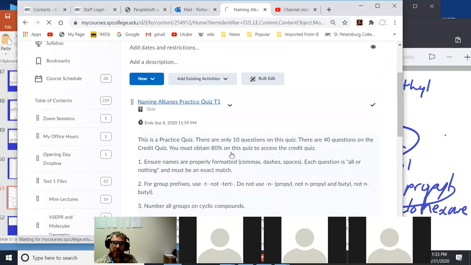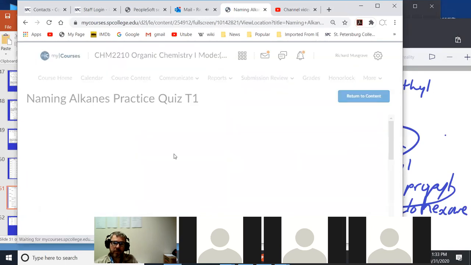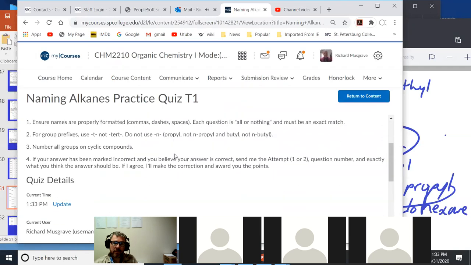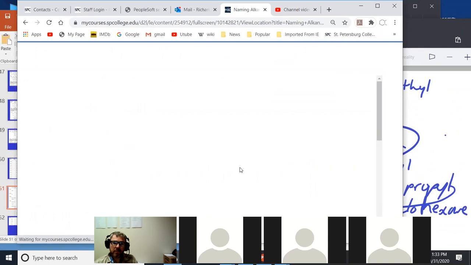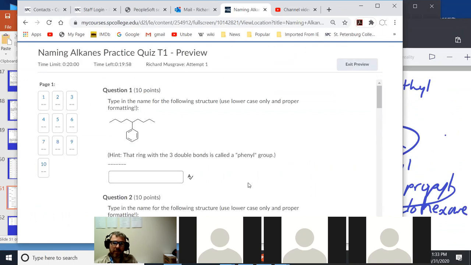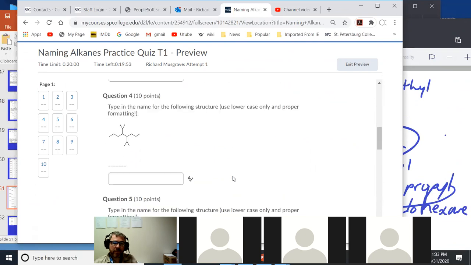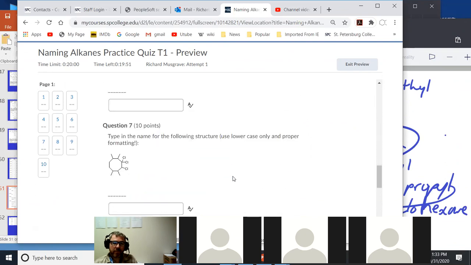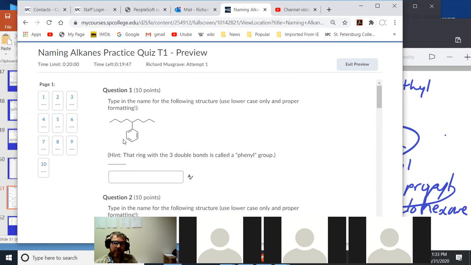I'll show you what it looks like. So there you go. Now this top one up here, that functional group's called phenyl.